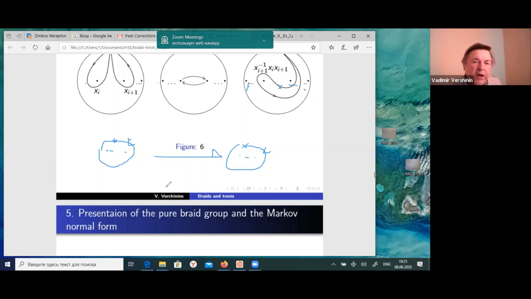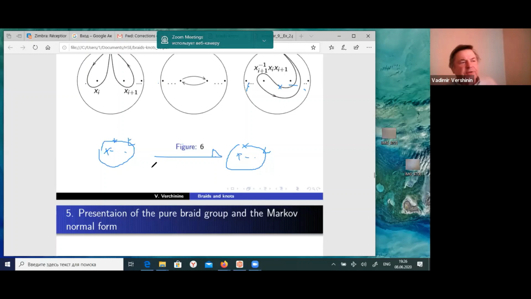So if you now consider that punctures should be preserved not as a set, as here, but are supposed to keep their places, then you get the mapping class group of punctured disks with punctures fixed point by point.